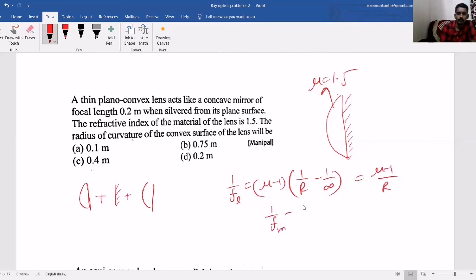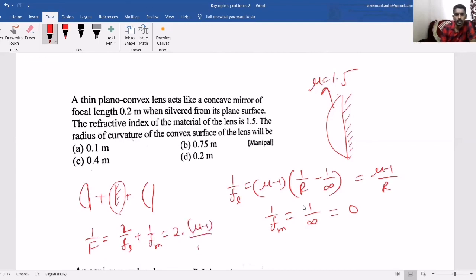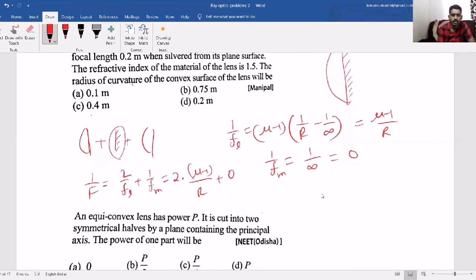And 1 by f mirror: the mirror is plane, so infinity, so it will become 0. So the effective focal length: 1 by F equals 2 by FL plus 1 by FM, where 2 into 1 by FL is mu minus 1 by R, plus 1 by FM is 0. Now here the focal length they mentioned is 0.2 meter.